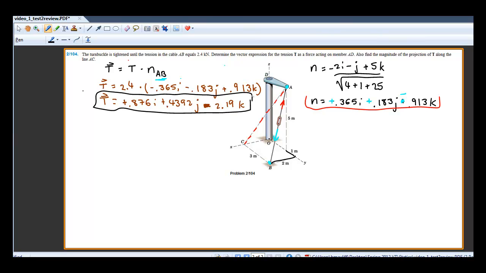So that's the tension. So how do we get the projection from AB to AC?